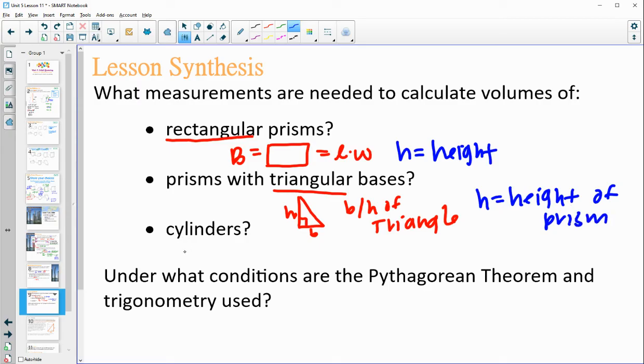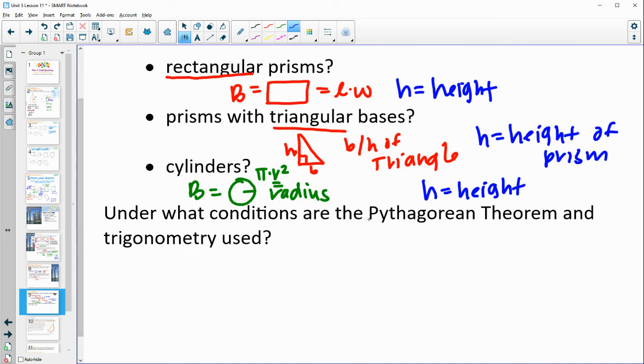And cylinders: a cylinder has a base shape that's a circle, so you're going to need the radius, since the area of a circle is pi r squared. So you need that radius measure. And then just like the others, we need the actual height of that cylinder.